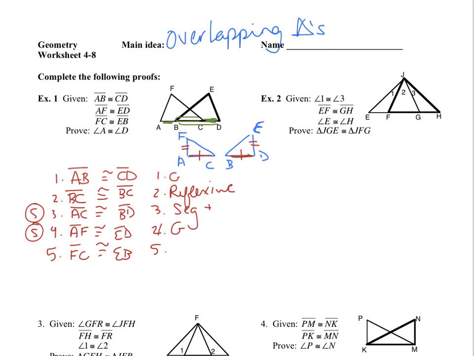So FC, this whole side over here, is congruent to EB, which is this whole side right here, so these two sides are congruent. And that was given to me, and that's another S. So I am excited because I'm done. Whoops, I'm not quite done.